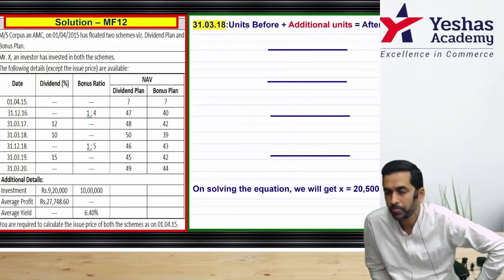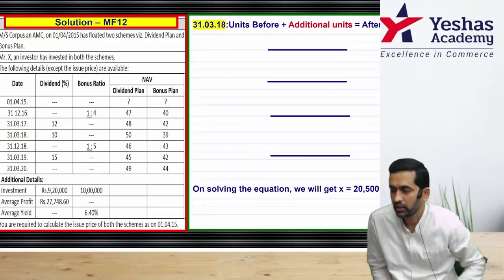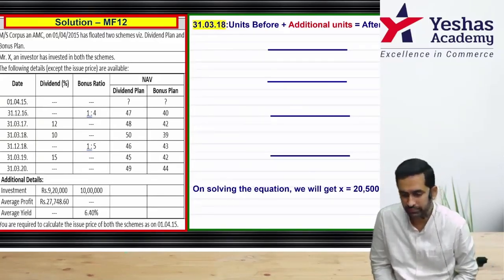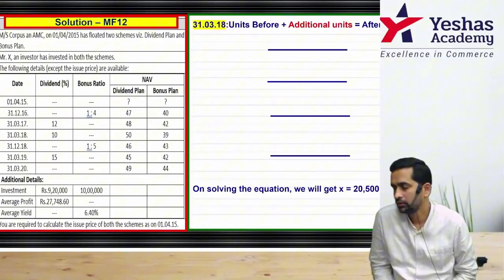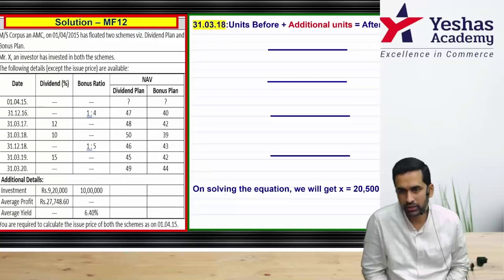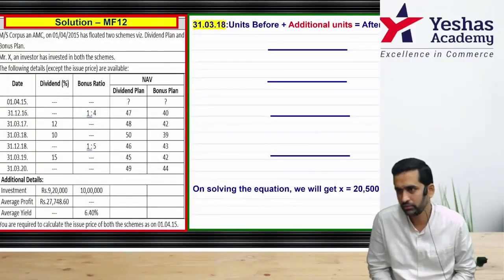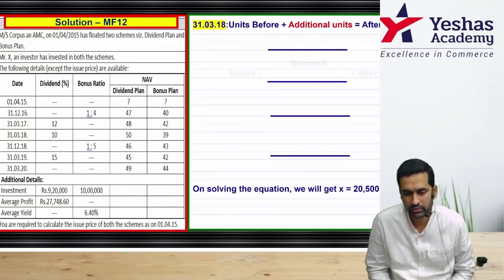One more date, 31/3/2018. Units before plus additional units is equal to units after. Be careful with the NAVs that you take. It should always be the ongoing NAV, the prevailing rate.